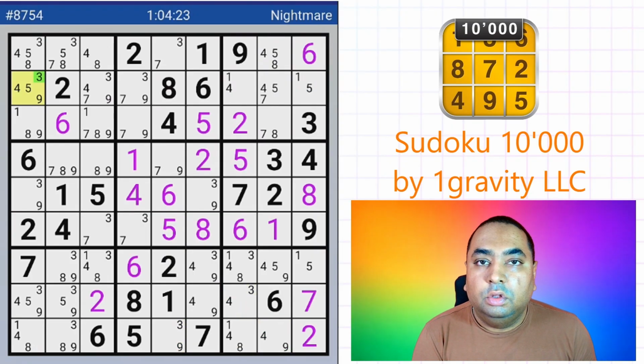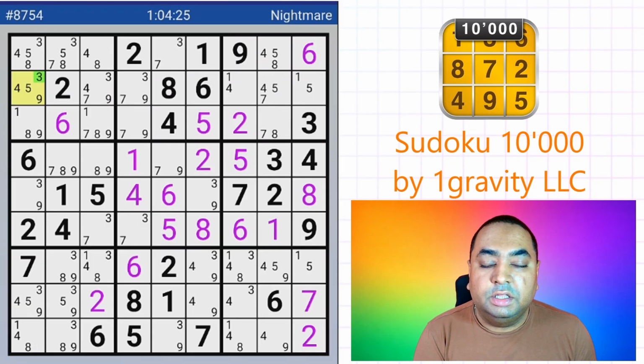So now we will see a forcing chain, how they are formed. For example, here if you place 3 in that cell, correspondingly this 3 is removed, as there are only 2 3s in that row.